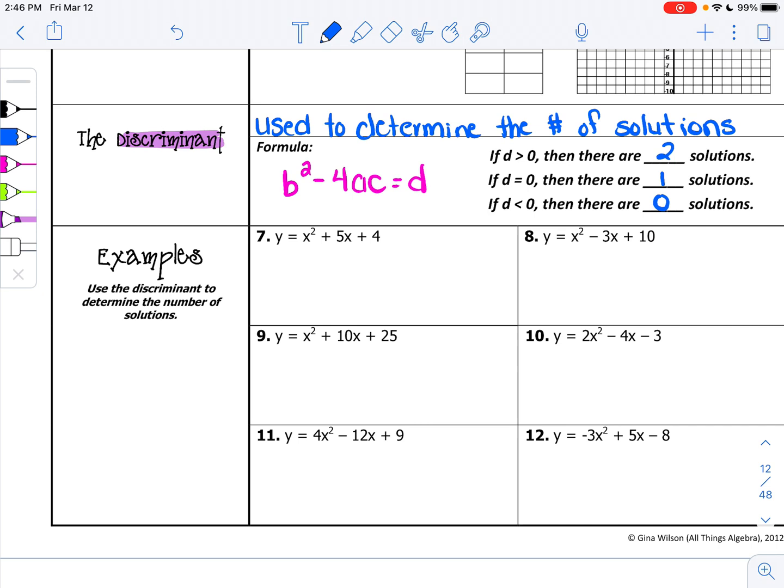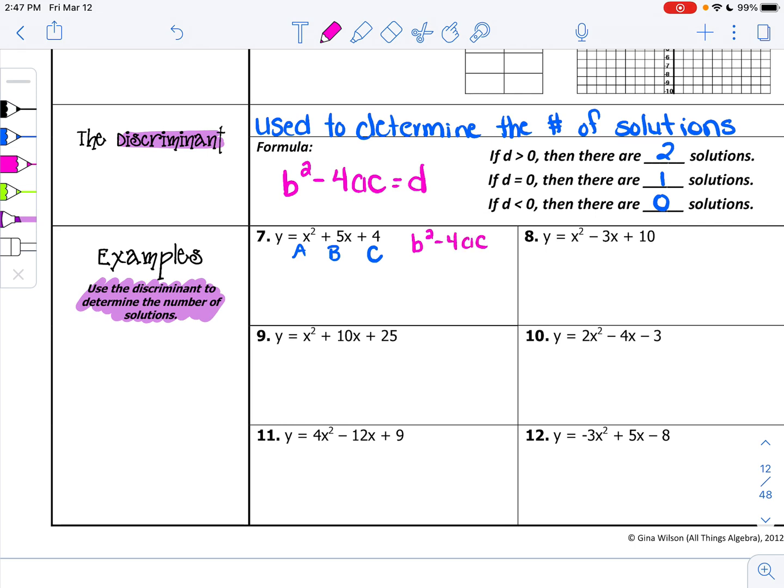So let's just look at a couple of examples using this. Our directions over here tell us to use the discriminant to determine the number of solutions. So we're going to identify A is 1, B is 5, and C is 4. And then we're going to use the formula b squared minus 4ac.